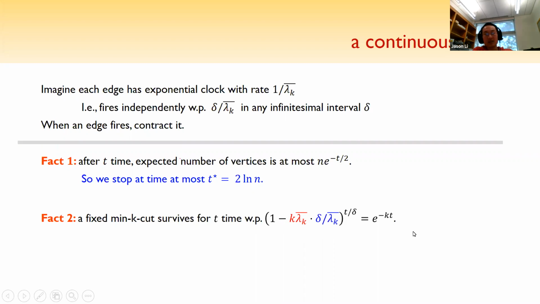So this is roughly e to the minus kt, which is n to the minus 2k at time t star. Now again, this is not rigorous in the sense that we only have expectation here. To make this rigorous, we need a concentration statement: we should expect with high probability, not just in expectation, that we finish by this time. This is not formal, but we'll skip the concentration for this talk.